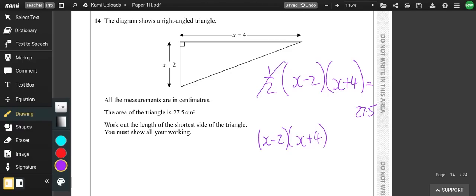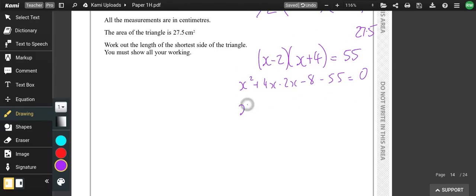That clears the half, but I need to times the right-hand side by 2. 27.5 times 2 is 55. Expand the brackets, x squared plus 4x minus 2x minus 8. Bring the 55 across as well to make it equal to 0. X squared plus 2x minus 8 minus 55 is minus 63.